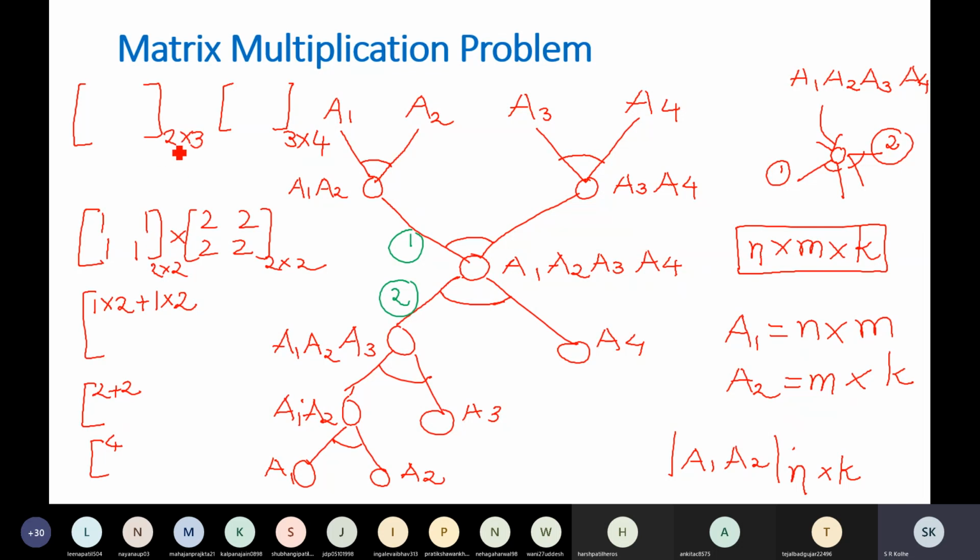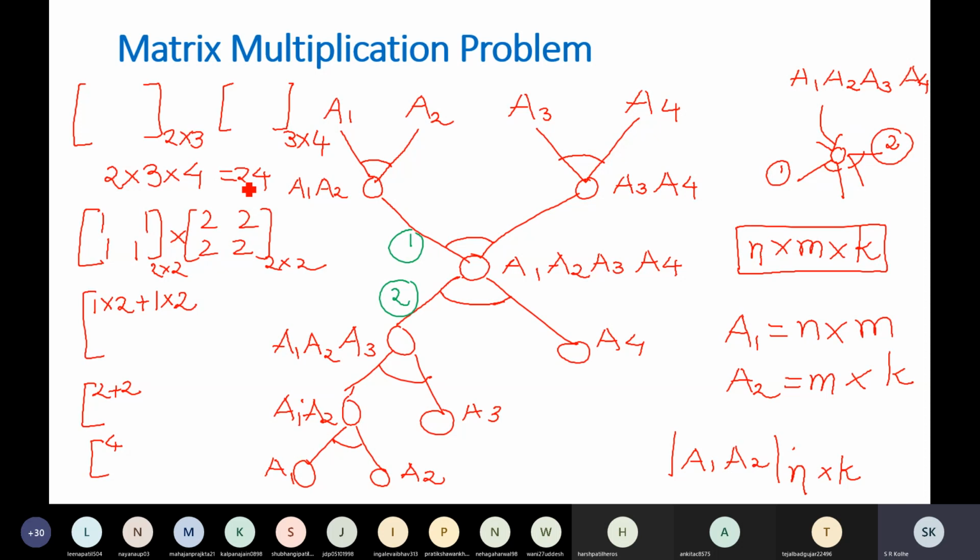If your sizes are 2 by 3 and 3 by 4, the number of multiplications required will be 2 multiplied by 3 multiplied by 4, that is 24. Verify this later on.